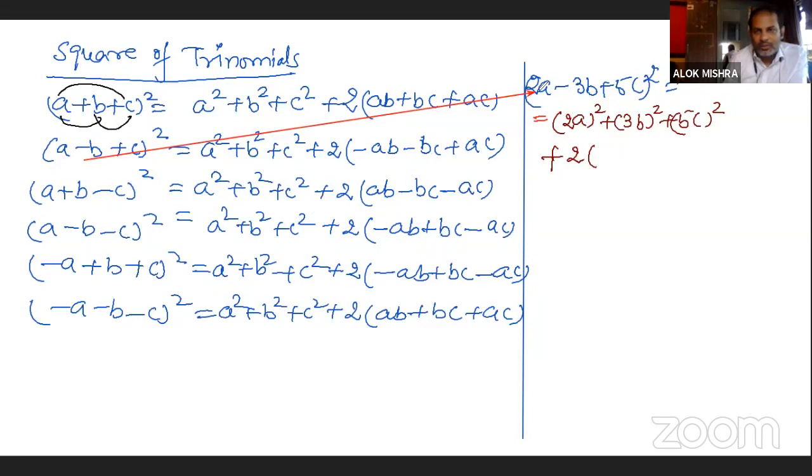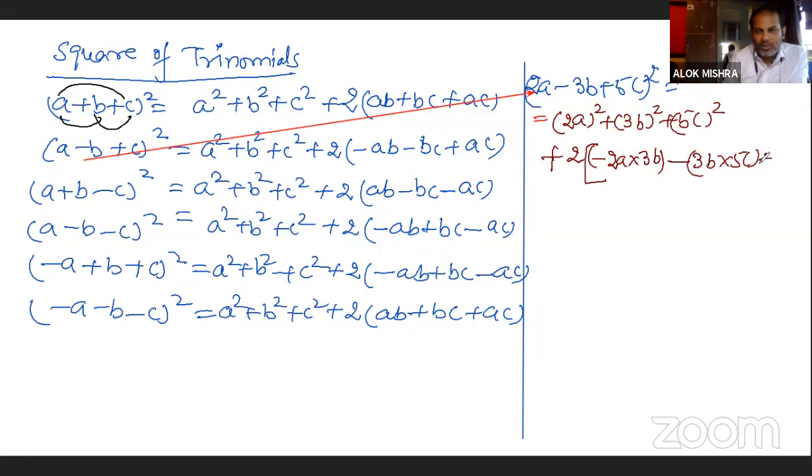Now I have to take the product. First of all, I'll write the sign. This is plus, this is minus, so it is minus. And then I'm going to multiply the two terms. So let me go ahead with the bigger bracket. Then again I'll write minus 3b into 5c. 3 into 5. So let me write it this way.